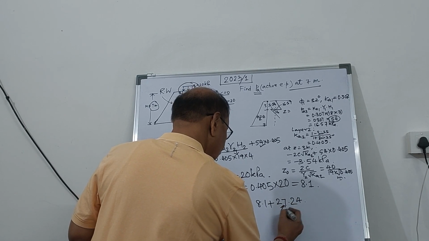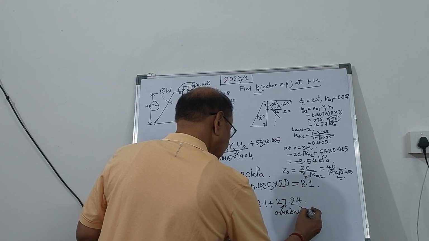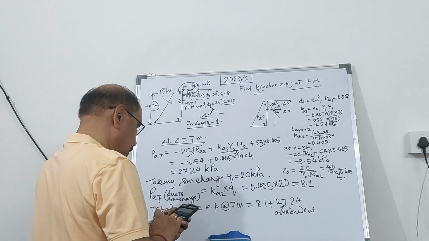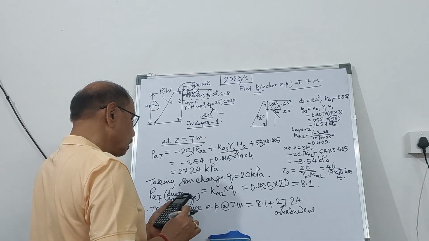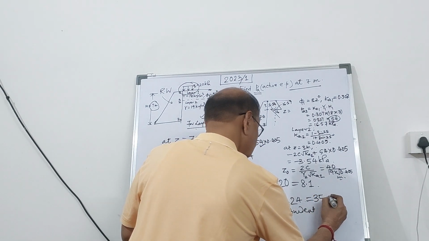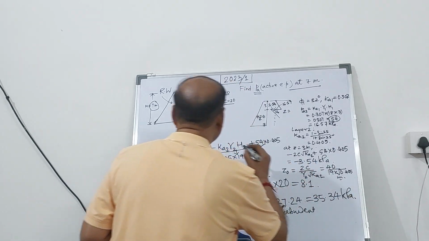This is due to overburden. So 8.1 plus 27.24 gives 35.34 kilopascal.